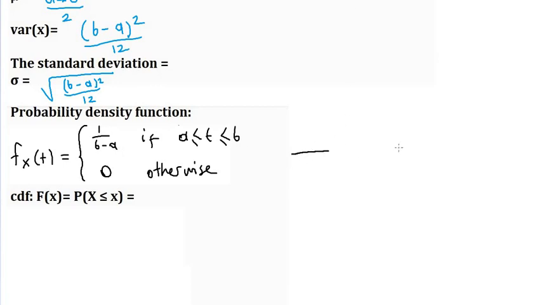If you roughly sketch the uniform random variable, we have lower boundary a, upper boundary b, and some height of the function. This height is 1 over b minus a, and our PDF is 0 if x is less than a, and 0 again if x is greater than b, and in the interval a comma b, our PDF is 1 over b minus a uniformly.